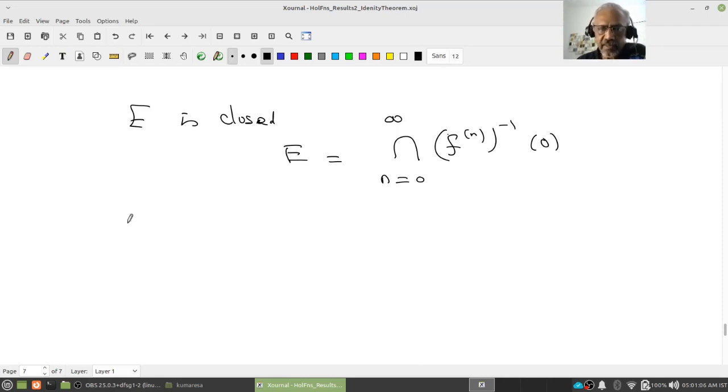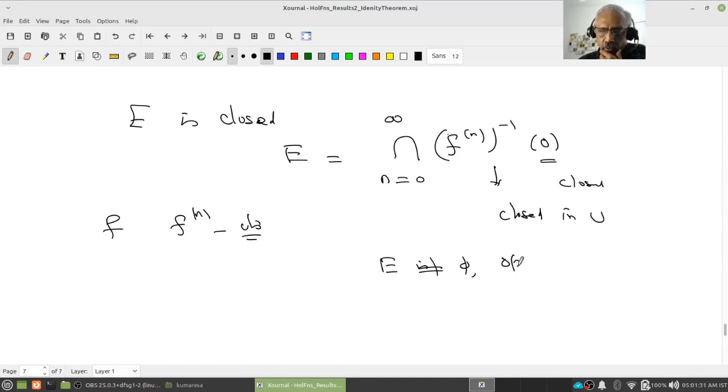Now remember, f is holomorphic, therefore it's infinitely differentiable, therefore any nth derivative is continuous, and {0} is a closed subset. By continuity this must be a closed subset in U, right? But an intersection of closed sets is closed, therefore E is closed. Therefore E is non-empty, open and closed in U.